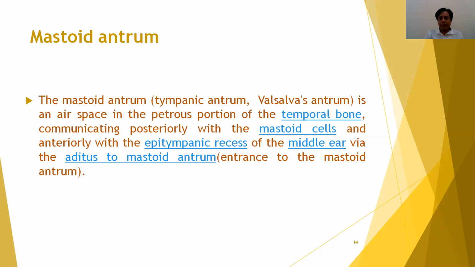In mastoid antrum. The mastoid antrum, also known as tympanic antrum or Valsalva's antrum, is an air space in the petrous portion of the temporal bone, communicating posteriorly with the mastoid cells and anteriorly with the epitympanic recess of the middle ear. Why the aditus to mastoid antrum? That's the entrance to the mastoid antrum.